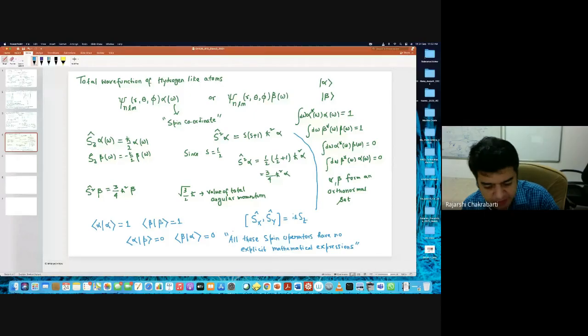The coordinate system is very abstract in this sense, and spin is an additional postulate in quantum mechanics. Because of that, there is no classical picture of spin, and so no mathematical expression for the spin operators. But they have the same commutation relations as the angular momentum operators.